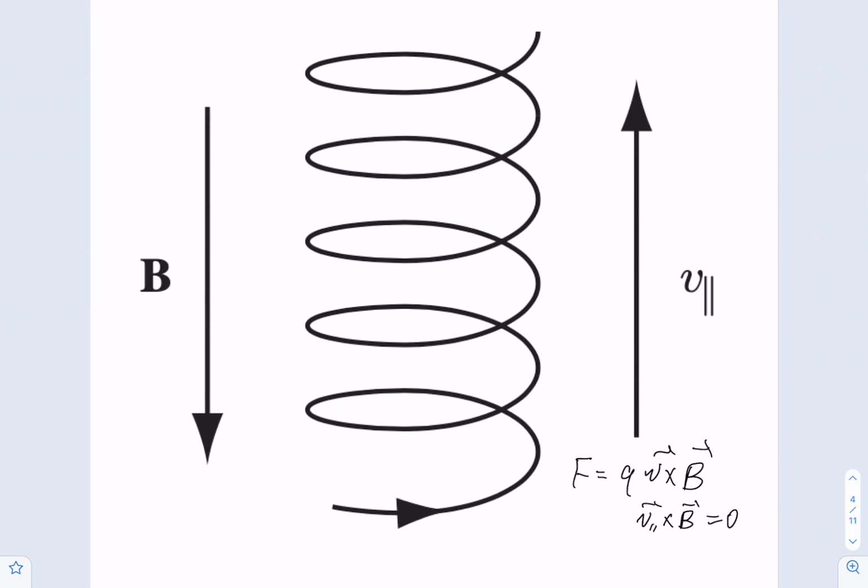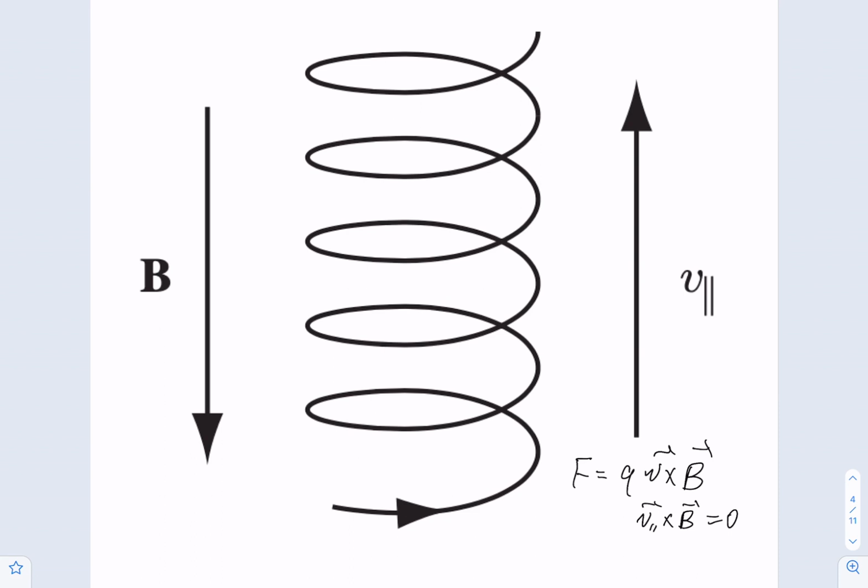Another way of saying this is that the motion that's parallel to the B field is determined by the particle alone. It is not affected by the magnetic field. That's why it just keeps moving in this direction.